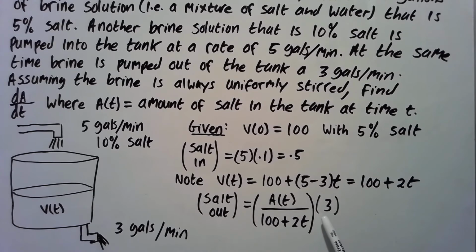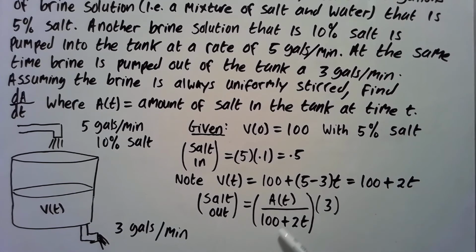Then we're multiplying it by 3 because there's 3 gallons a minute. So that gives you the salt out per minute. Again, this part in front gives you the salt per gallon, and we're multiplying it by 3 because there's 3 gallons per minute leaving.